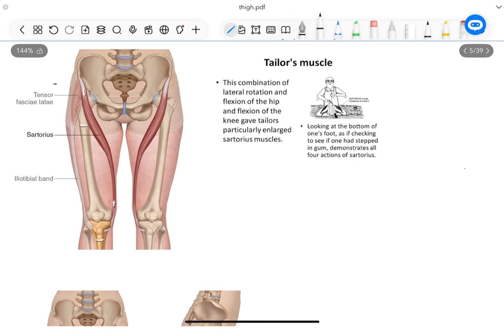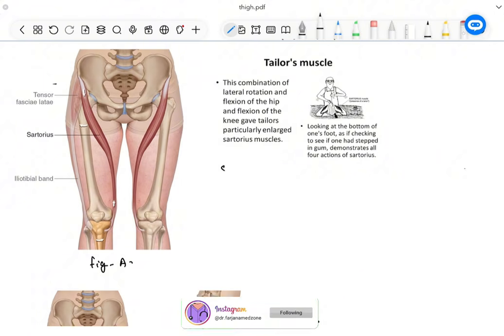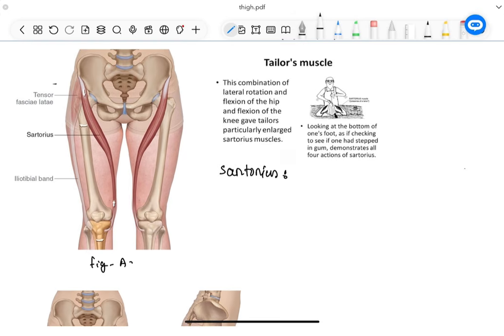First, on screen you can see a muscle. Let's denote it as figure A. The muscle name is the Sartorius muscle. So my first muscle discussion will be related to the Sartorius. We have to know it is the longest muscle in our body. And it has some synonyms.